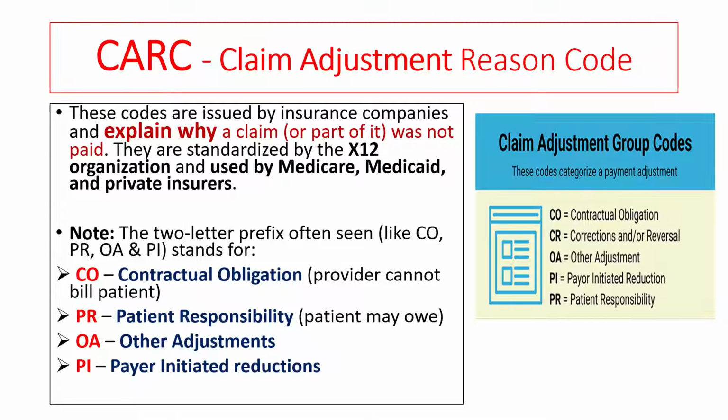They are standardized by organizations, and these codes are generally used by traditional Medicare, Medicaid, Tricare and some other government insurances. These codes are also given by commercial, private insurances. So we have to keep in mind that insurance companies will give these CARC codes.